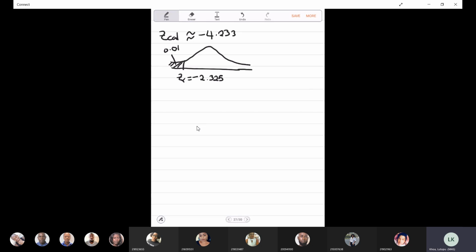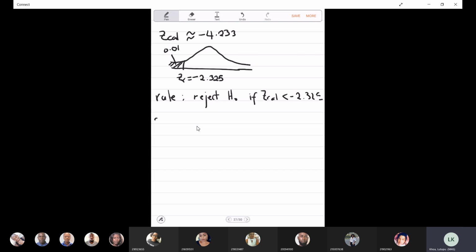Then we state what our rule is. So the rule is we will reject H naught. When will we reject H naught? If the Z that we calculate is less than negative 2.325.